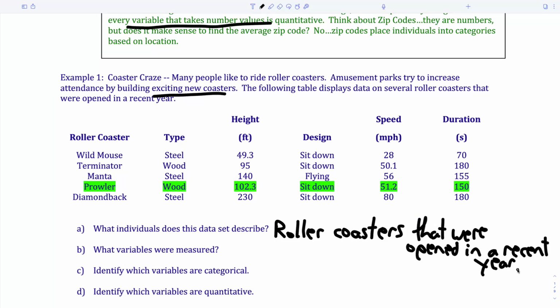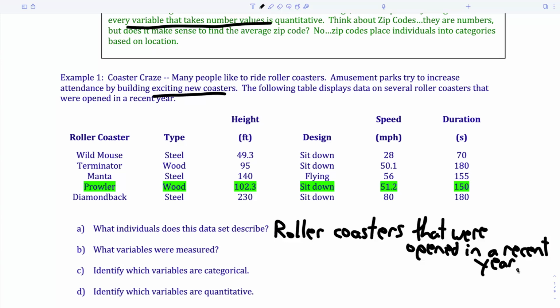Context is really important. You're going to have to write a little bit more than you're probably used to in other math classes, but it is really, really important. People lose points all the time on the AP exam for being lazy and not putting things in context. So really want to emphasize that. Put things in context. Write in complete sentences. So what are the individuals? Roller coasters that were opened in a recent year.